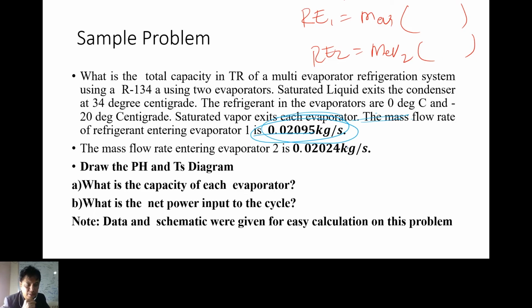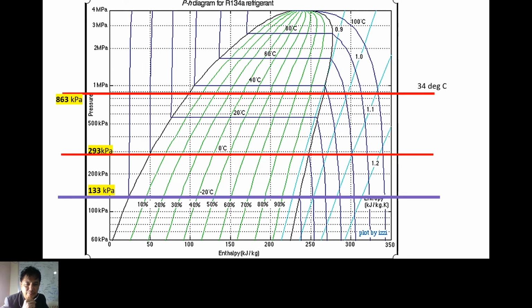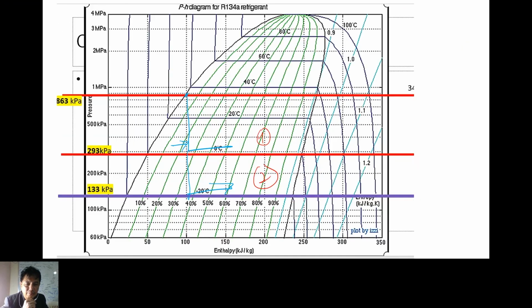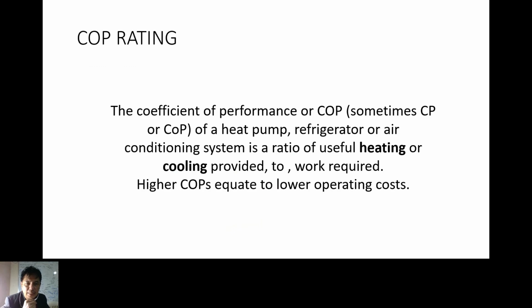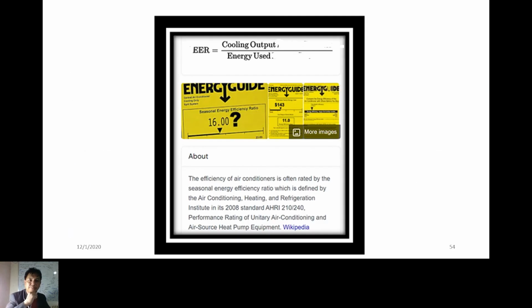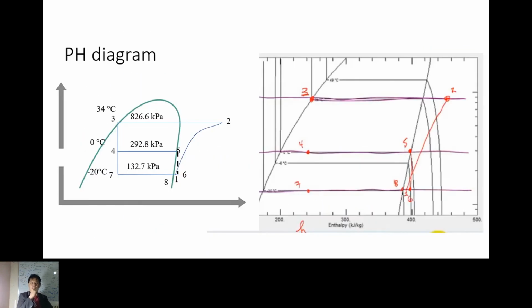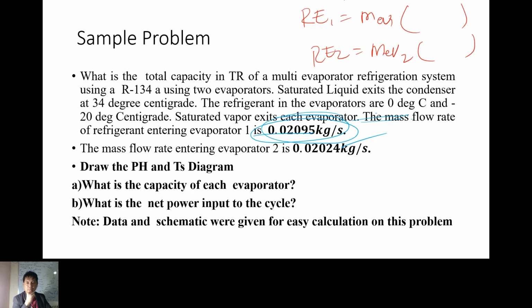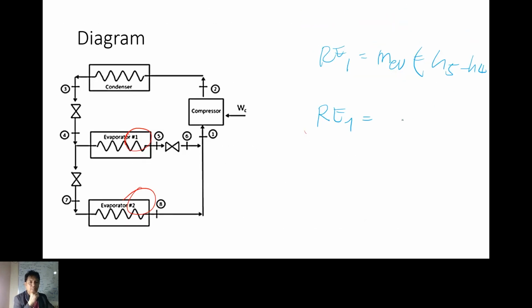So, this one, 0.02095 times H5 minus H4.